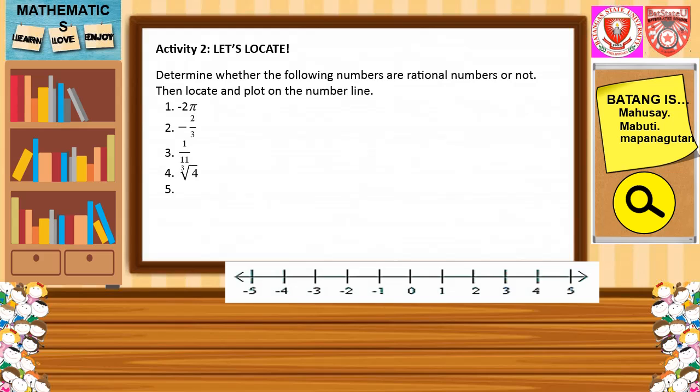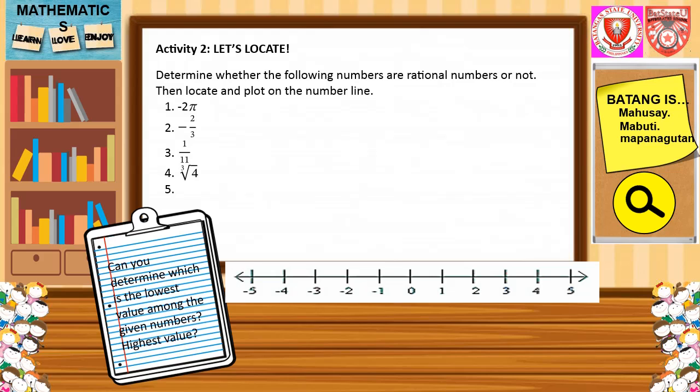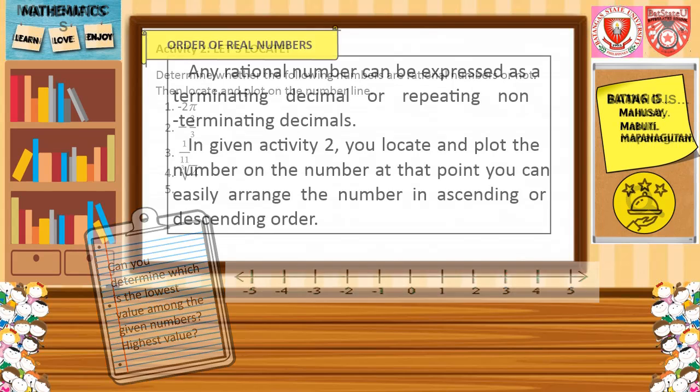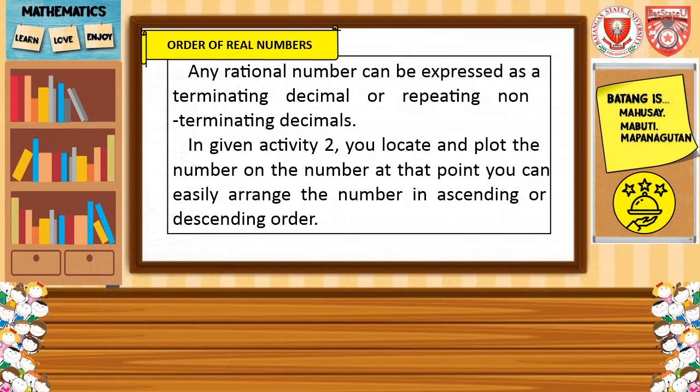Activity 2. Let's locate. Determine whether the following numbers are rational numbers or not. Then locate or plot them on the number line. How can you determine which is the lowest value among the given numbers or the highest value? Order of real numbers.